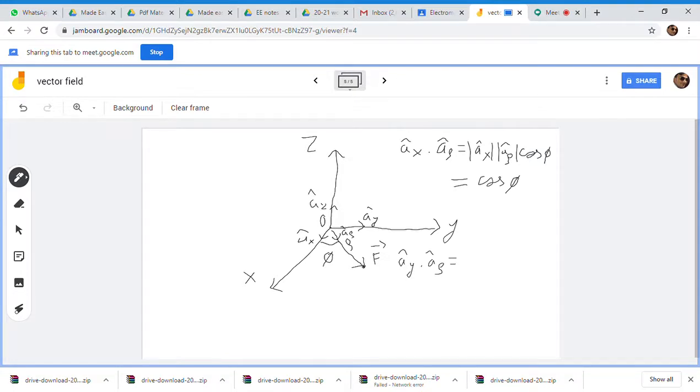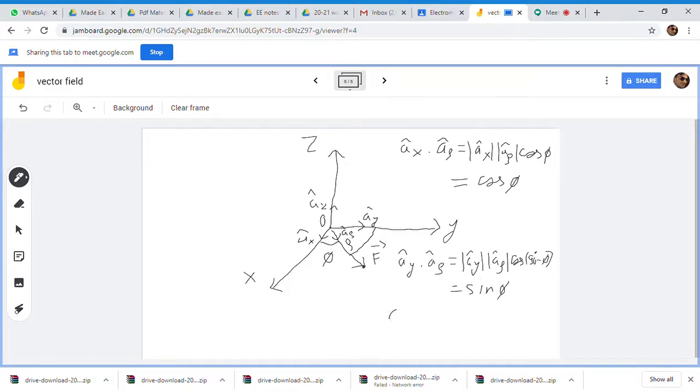So this will give you unit vector ay, unit vector a rho, and cos of 90 degree minus phi. Just see, this angle is what? The angle between unit vector ay and unit vector a rho is 90 degree minus phi. So this will become sin phi.